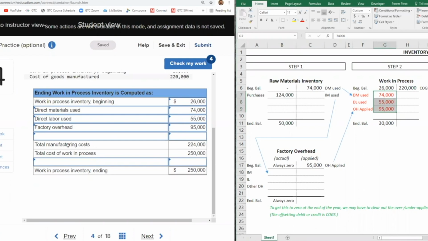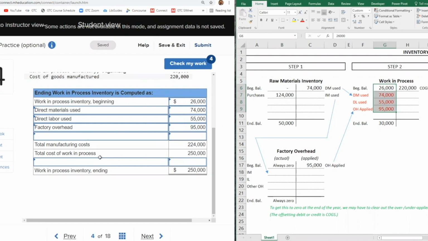Please note, total manufacturing cost does not include this beginning number. Notice that when I add these three together, it gives me 224. If I was to include the 26,000, that'd be 250,000. So it looks kind of funny, but total manufacturing cost is the sum of these three things only, not that.